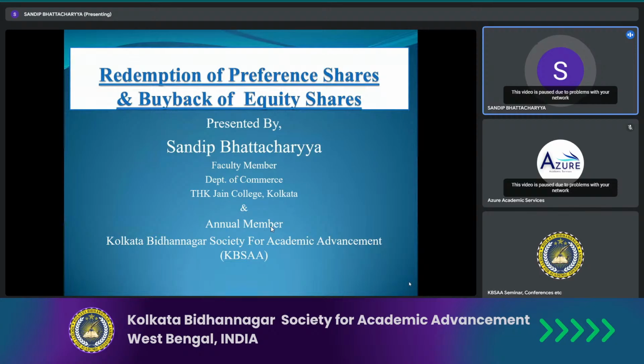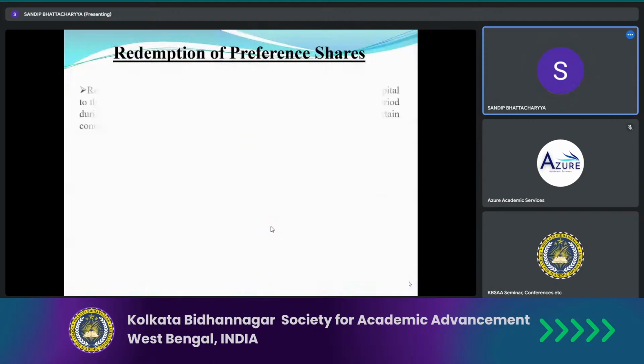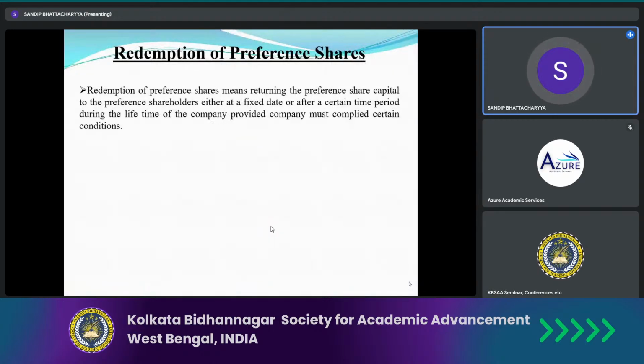Before I start, the slide you have already been presented is the redemption of preference shares. So now, what is redemption of preference share? As mentioned in my slide, redemption of preference share means the returning of preference share capital to the preference shareholders, either at a fixed date or after a certain point of time.